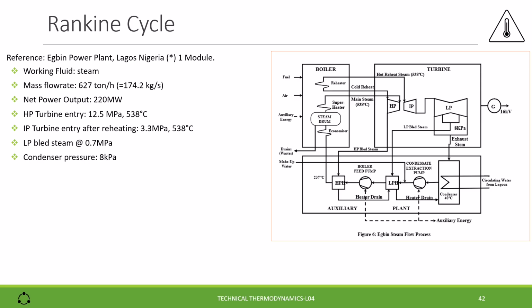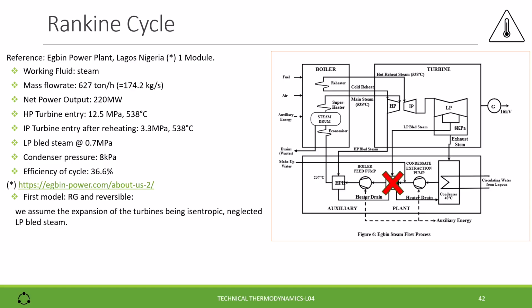The condenser pressure is 8 kilopascal and the efficiency of the cycle is 36.6%. In the first model we use real gas and reversible transformations. We assume that the expansion of the turbines are isentropic and we neglect the low pressure bled steam.